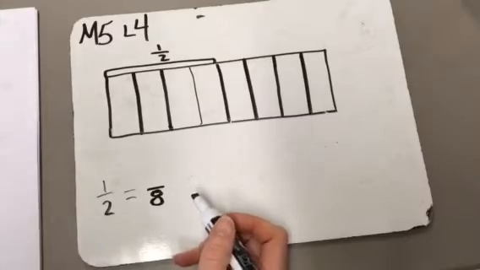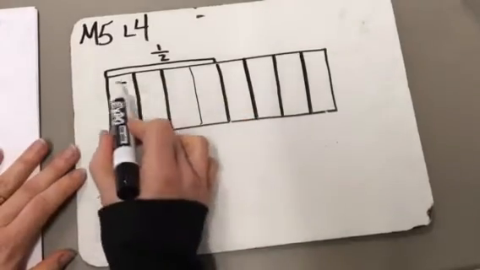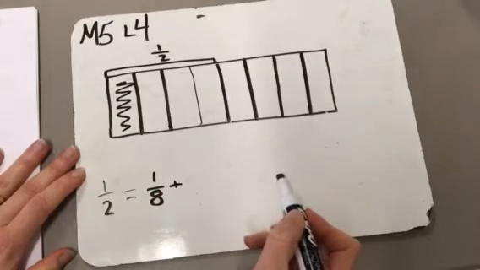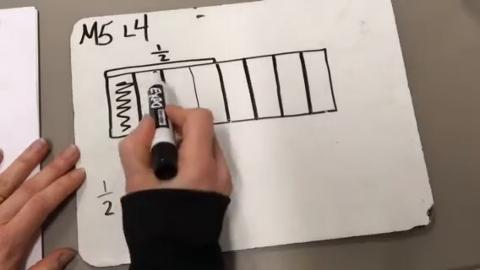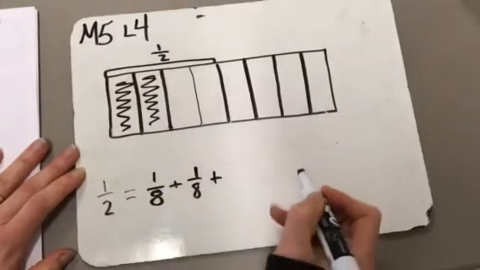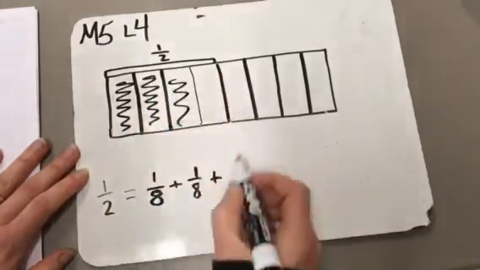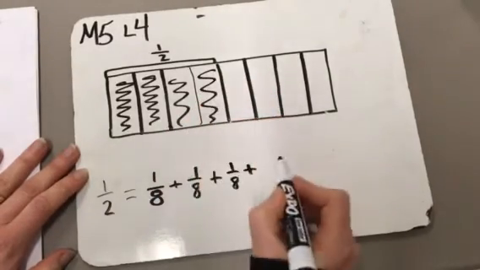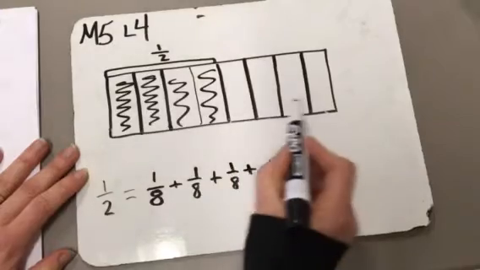But how many eighths? Well, since I bracketed my half, let's go ahead and find out. 1/8 plus, remember you're writing this down, another eighth plus another eighth plus another eighth. Would I keep going?